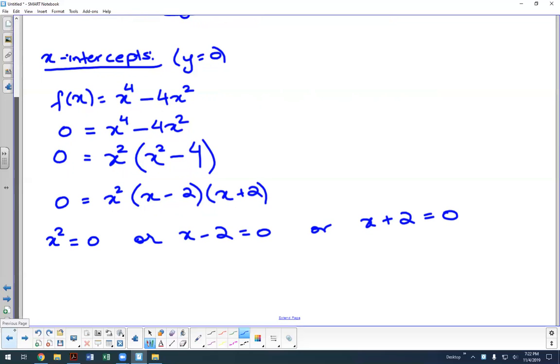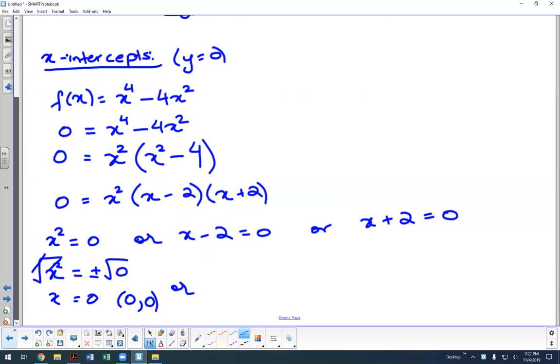So x squared equals 0 will give us what? x equals 0, right? Because your square and square root cancel out, you get x equals 0, which is of course the ordered pair 0, 0.